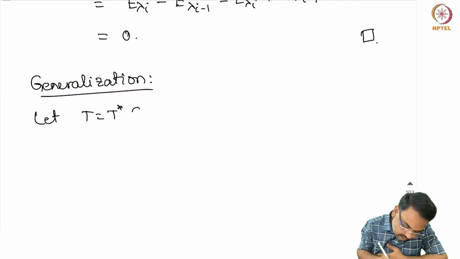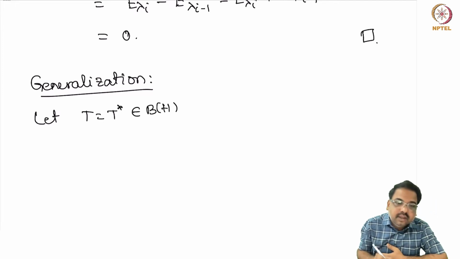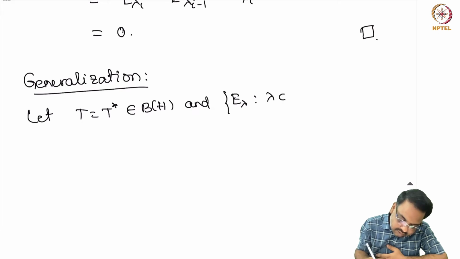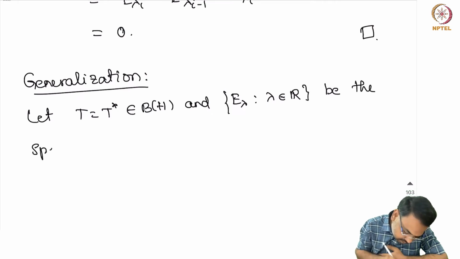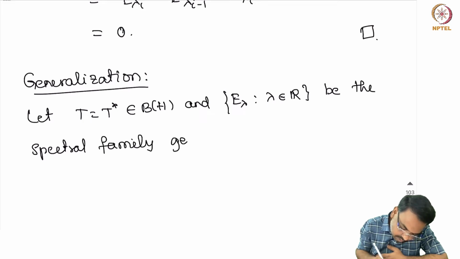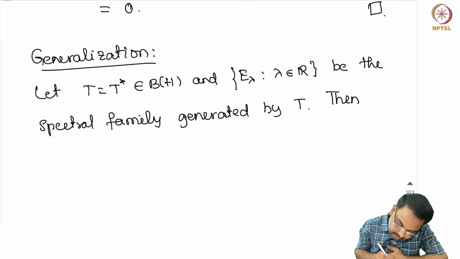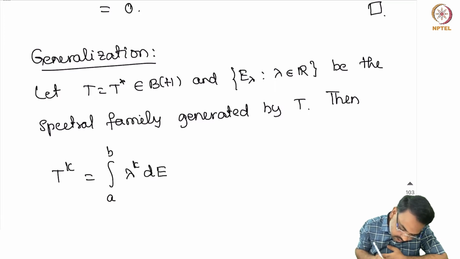Let T equal to T star be a bounded operator on H, and E lambda be the spectral family generated by T. Then we have T power k is the integral a to b of lambda power k d lambda.